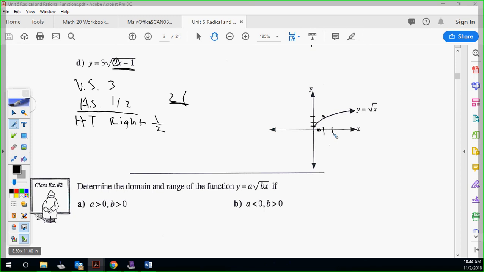Root 3 is going to be like 1.7, so we'll say about 5. And so it's going like this. Much higher. Okay, so the domain for this one is what? Greater than or equal to 1/2. Range. Yep, good.